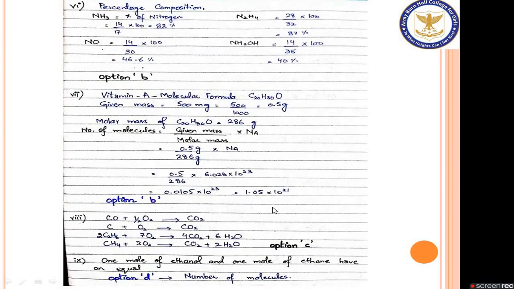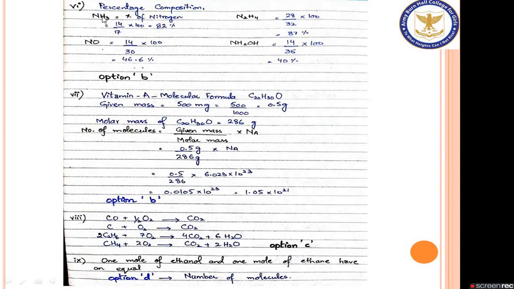The sixth one we have: which one of the following compounds contains the highest percentage by mass of nitrogen? We have 4 different options: ammonia, hydrazine, nitric oxide and ammonium hydroxide. This MCQ is basically related to percentage composition. You have to calculate the percentage of nitrogen in all of these 4 compounds.